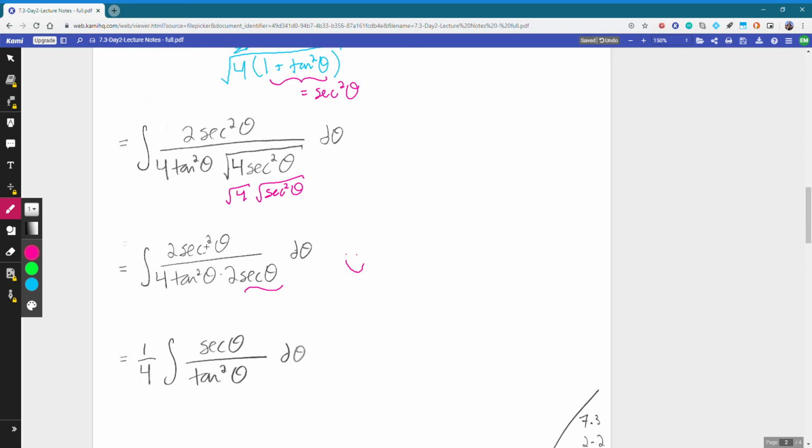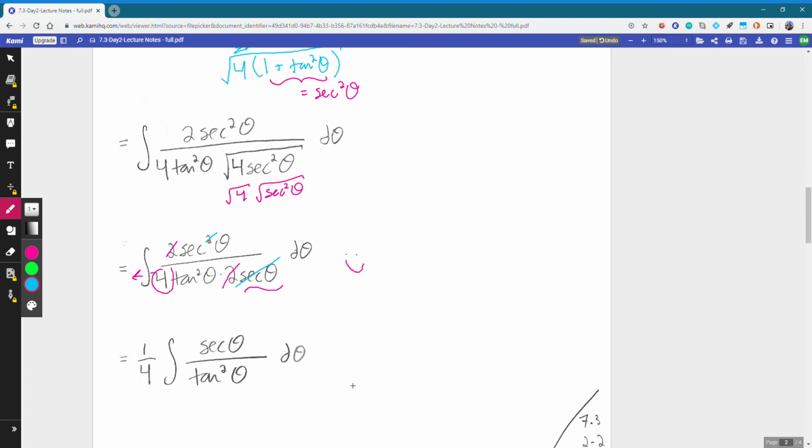We have everything's multiplied and divided, so we can cancel this 2 and this 2. We can take this 4 in the denominator, slide it out front. It'll stay in the denominator, so I'll have 1/4 constant multiple out there. Let's see what else. We have 2 factors of secant up top and 1 in the bottom, so that'll cancel off with one of those, and we're left with just a secant up top.